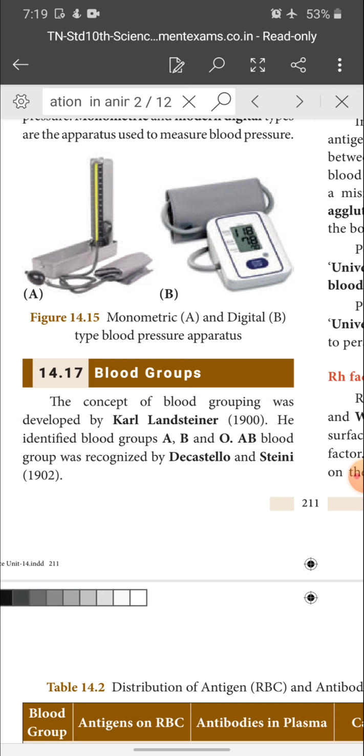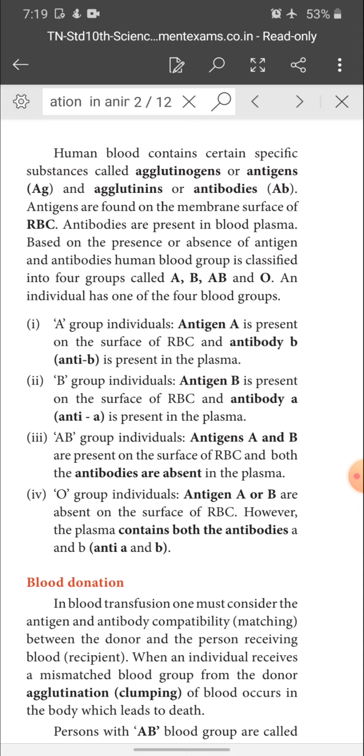Next one, how to identify this blood group. Human blood contains certain specific substances called agglutinogens or antigens, and agglutinins or antibodies. So if we take the blood of any human, we can find two things in the blood.